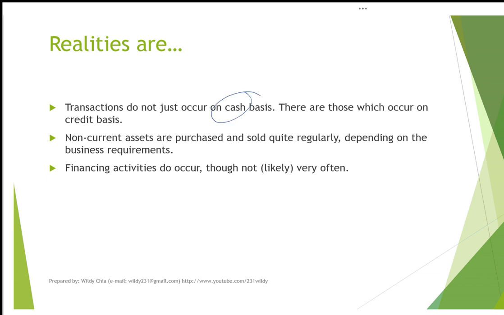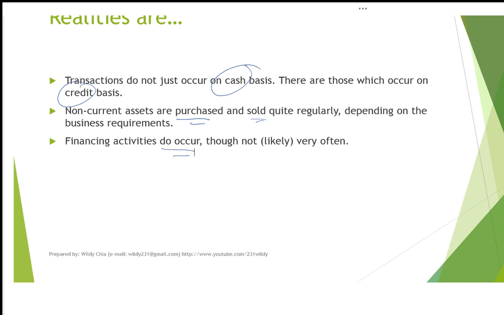There are transactions that occur on credit basis, those where goods were taken but payment not made, payment to be made later. Non-current assets are indeed purchased and sold from time to time, right? And in my example, this has not been taken into account.